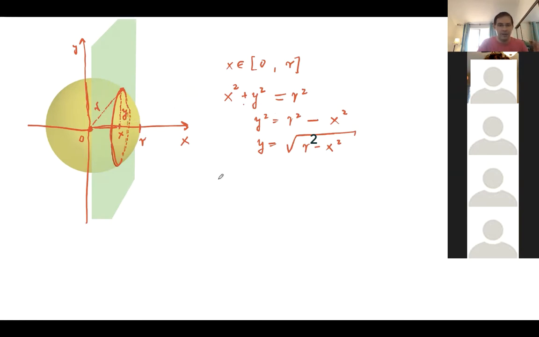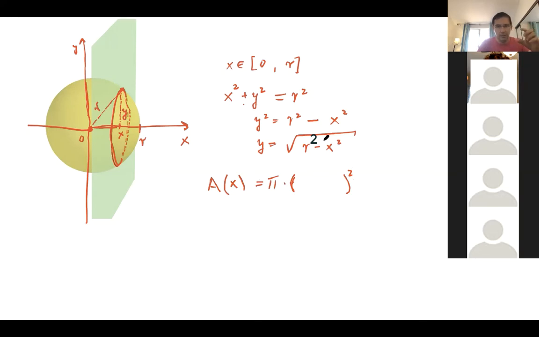And so now the area A of the cross section that corresponds to this given point x, so the area as a function of x, is pi times the radius, and then I have to square it. What is the radius of this cross section?